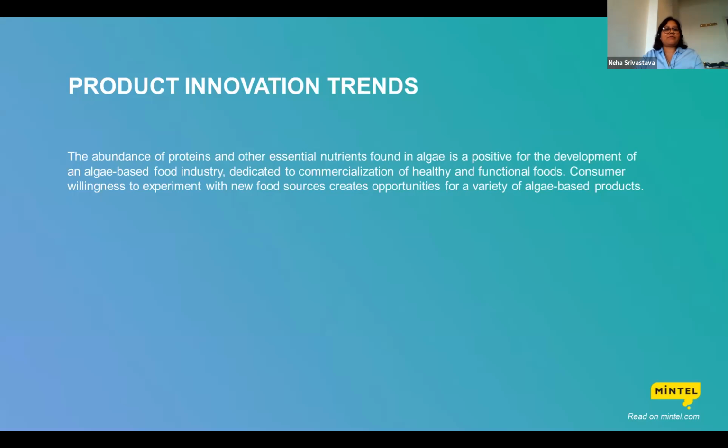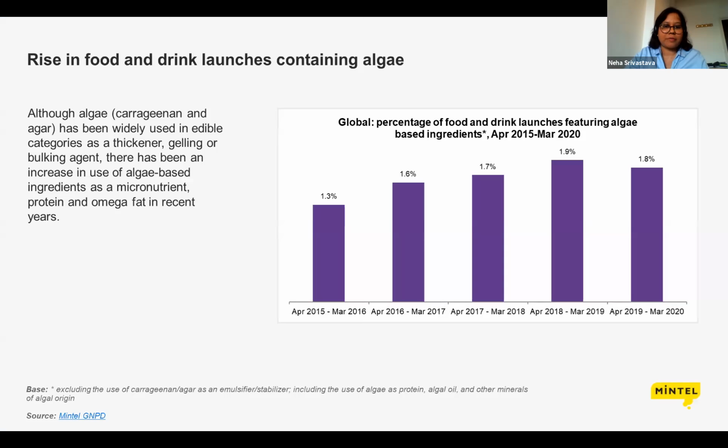So if we look at different product innovation trends in the market, which is mostly driven by the consumer's requirement, you can see this graph, which is prepared using Mintel's Global New Products Database, where we capture different types of innovative products launched in countries. And you can see there is a slight increase in use of algae in the food and drink category.